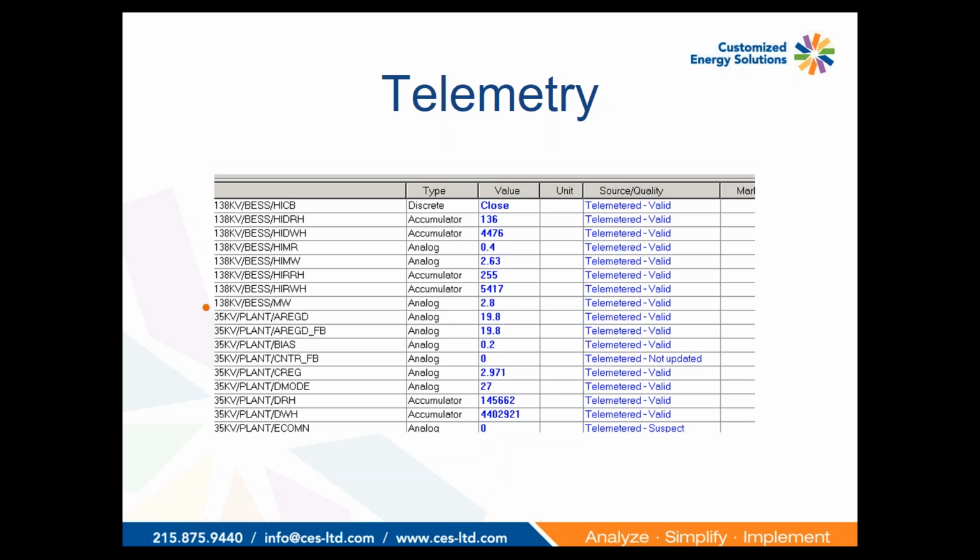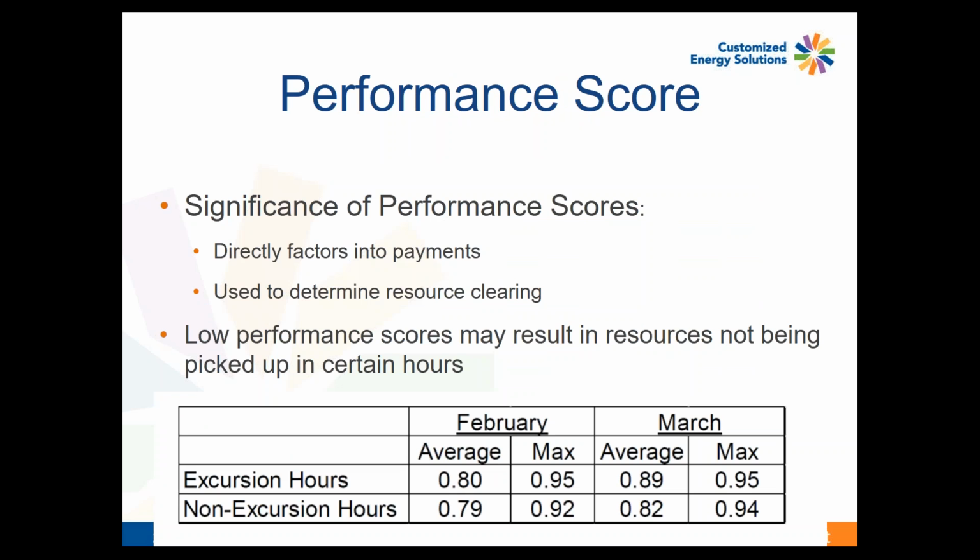One note in here is a field called a bias. As Vinayak had mentioned, often when doing state of charge management, there can be some biasing or adjustments applied to the telemetry signals or to the regulation signal. That's an example there of another data point that's going down to the facility.